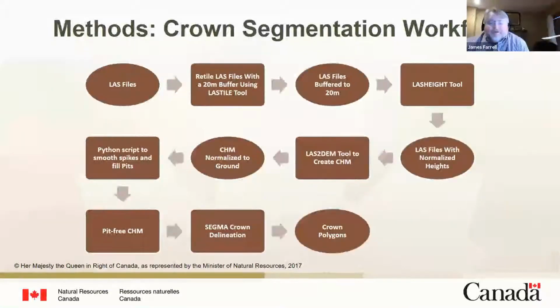There are quite a few steps, and here's just part of the workflow that I use to generate the crown polygons. I use an open source software called Segma, developed by the University of Quebec in Montreal. It's a canopy height model based method whereby local maxima are defined, and then polygons are expanded and grown until they meet a certain defined threshold.